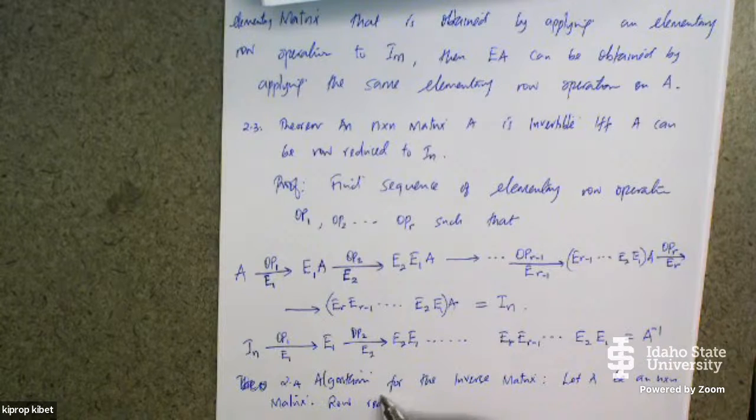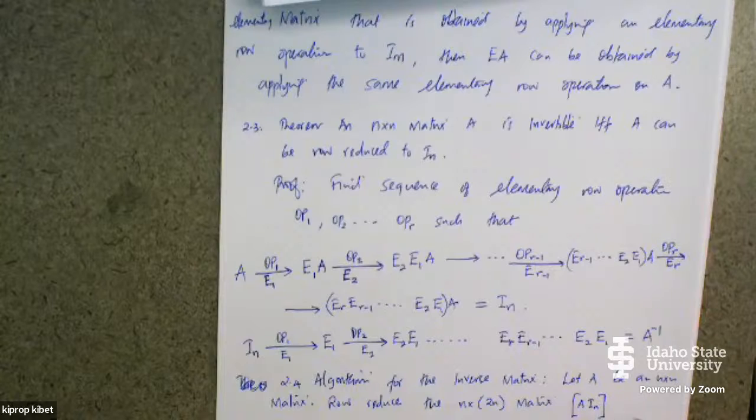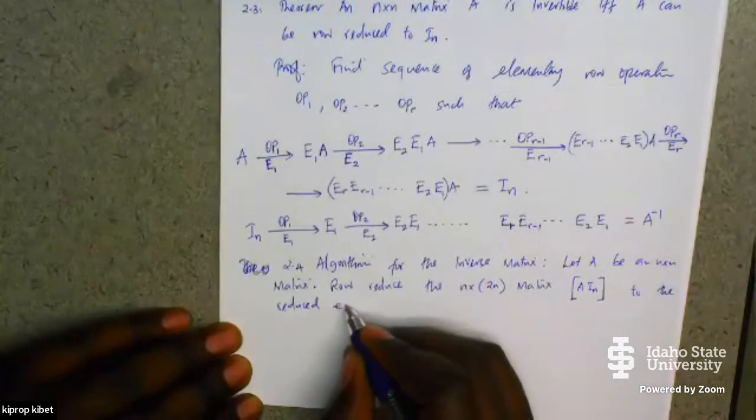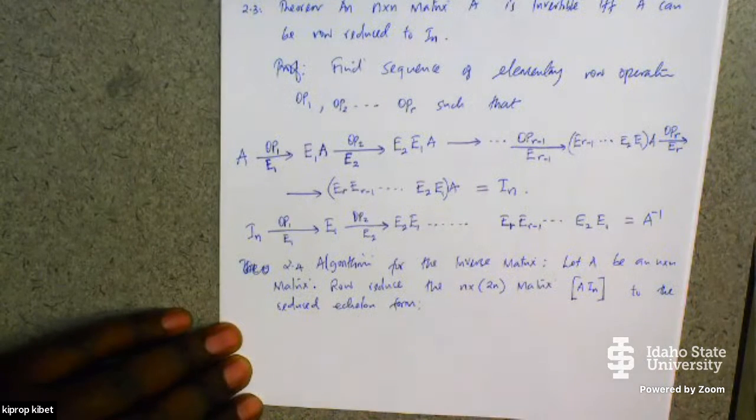Row reduce the n by 2n matrix, which is A and the identity next to it, to the reduced echelon form.